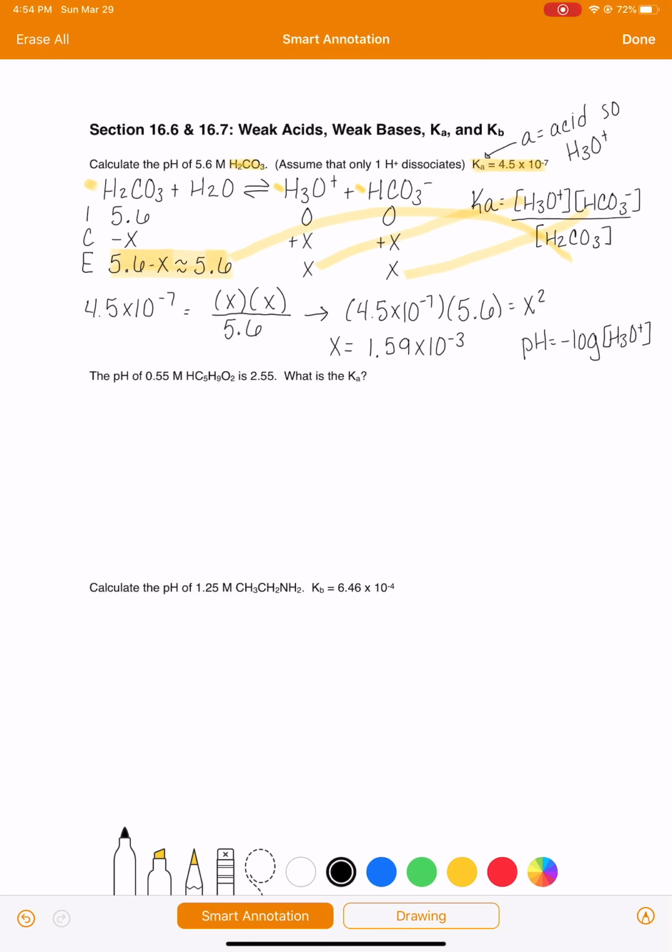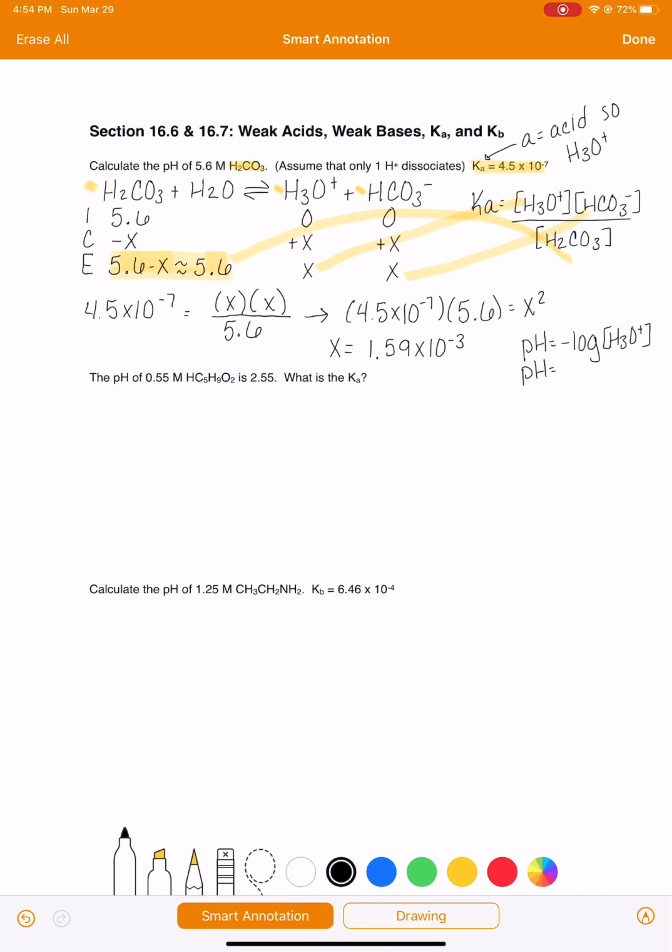The H3O plus concentration is x, so the pH is the negative log of x. x is 1.59 times 10 to the minus 3. The pH is 2.8.